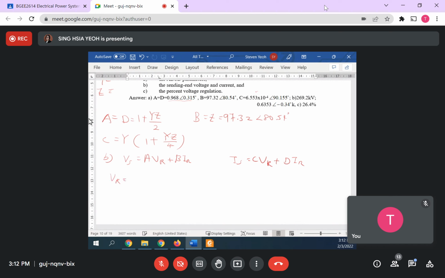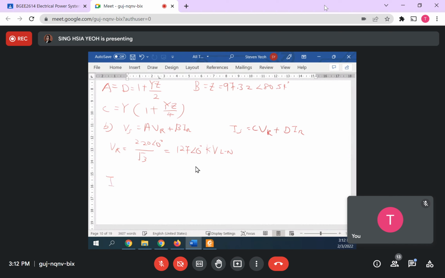VR itself is actually equal to 220 angle 0 degrees divided by root 3. So basically you get 127 angle 0 degrees kV for line to neutral. Then IR itself equals 250 angle negative cos inverse 0.99, divided by root 3 times 220 times 0.99.